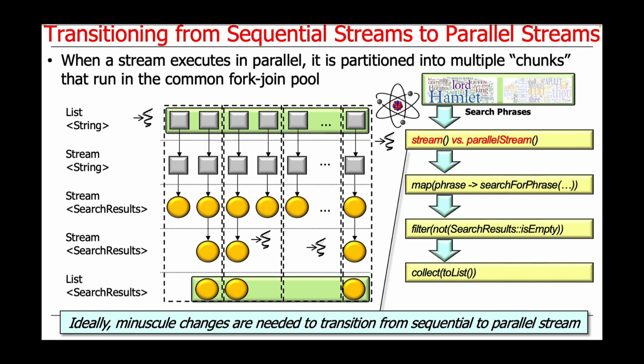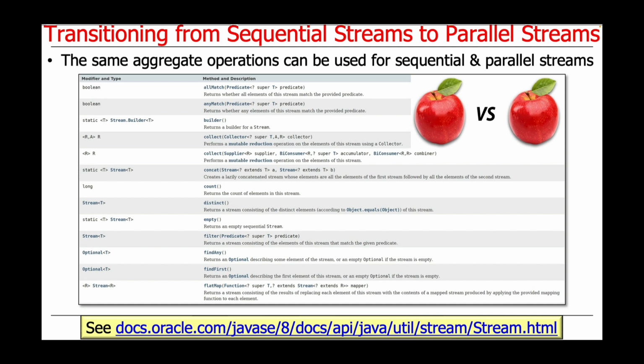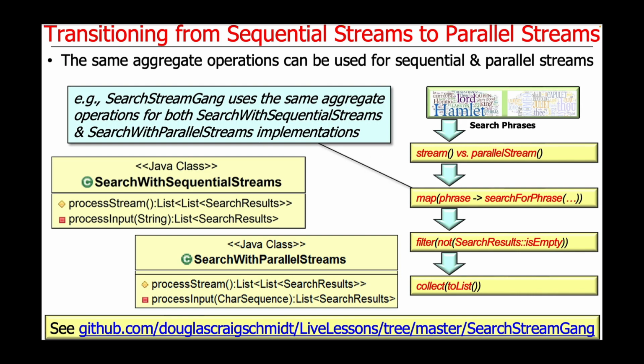You typically replace things with map multi or map reduce stream concat, and away you go. What's nice about all this stuff is that by and large, we can use the same aggregate operations for both sequential and parallel streams. And you can see here that there's a parallel version that uses exactly the same stuff.